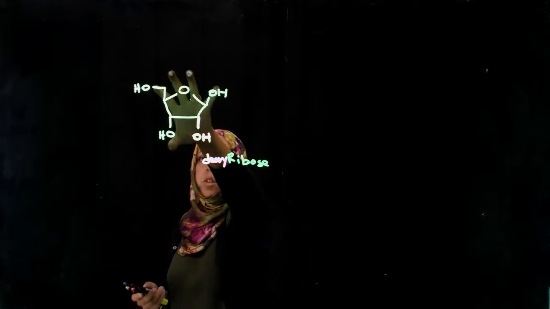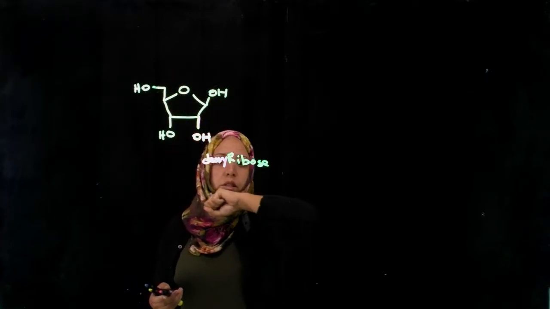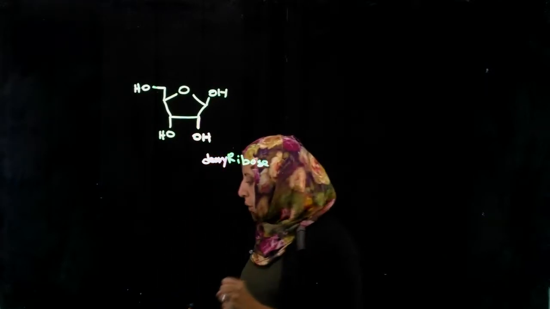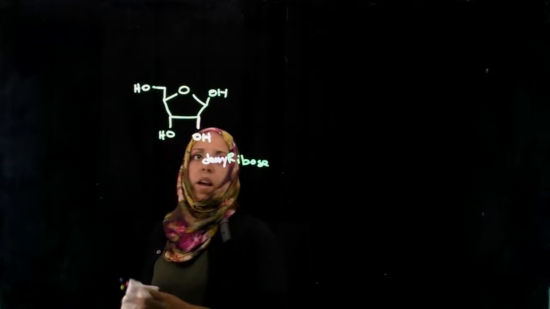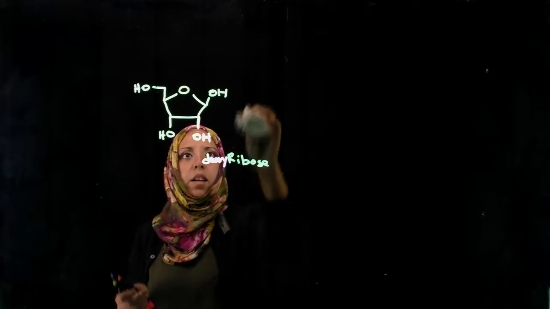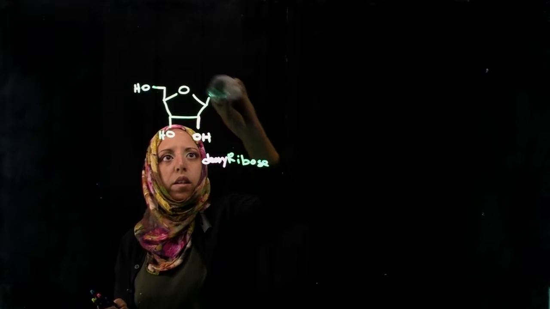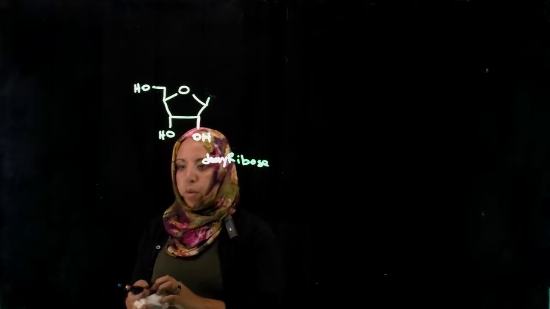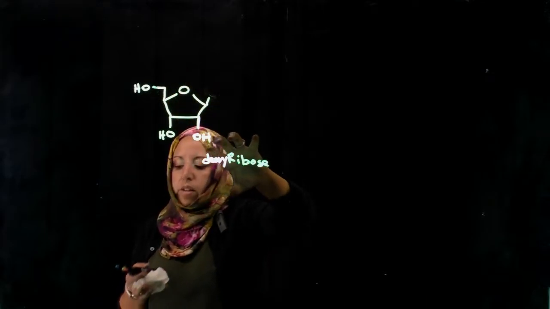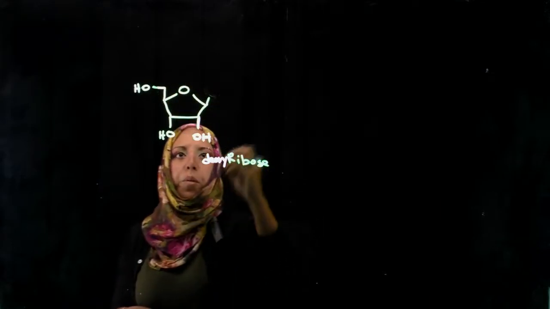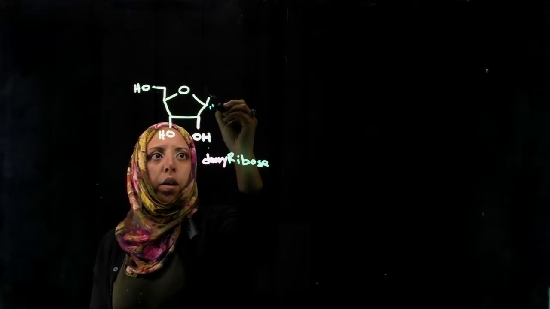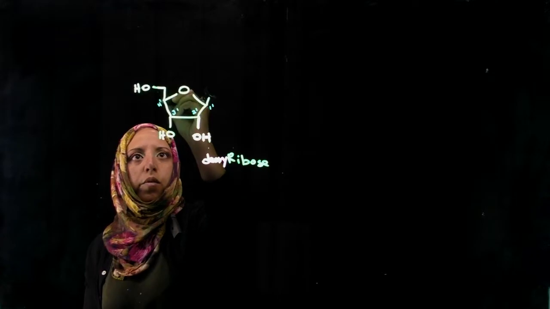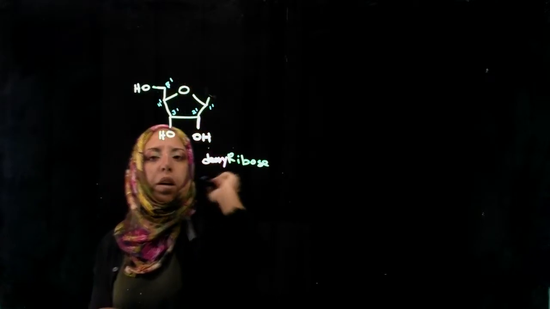So it could be either a ribose or a deoxyribose sugar, a 5-membered sugar. It's also composed of a nitrogenous base that's either a purine or a pyrimidine derivative. That nitrogenous base is linked to this particular carbon atom. When we're looking at the ribose or the deoxyribose sugars, we number them 1', 2', 3', 4', 5'.